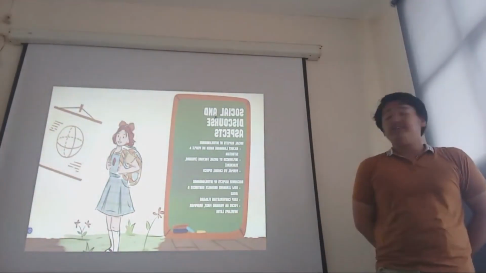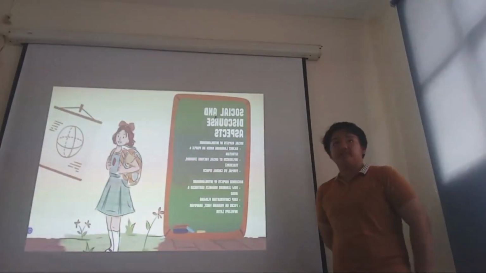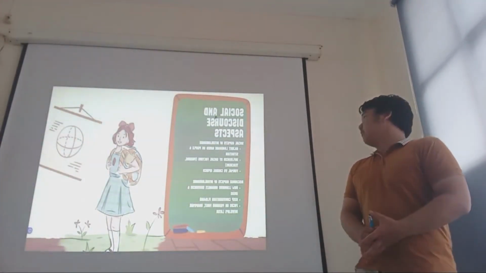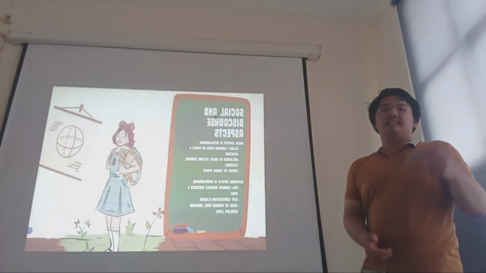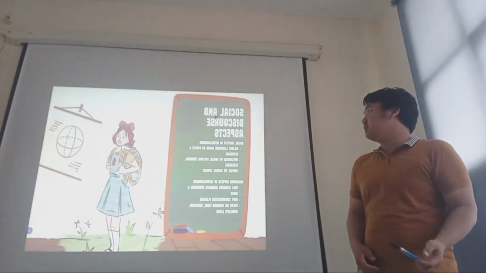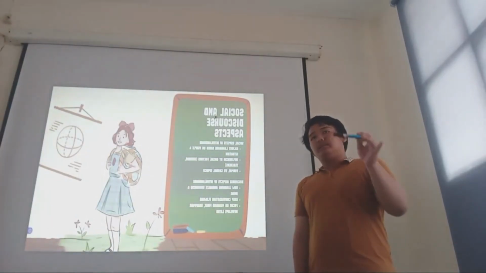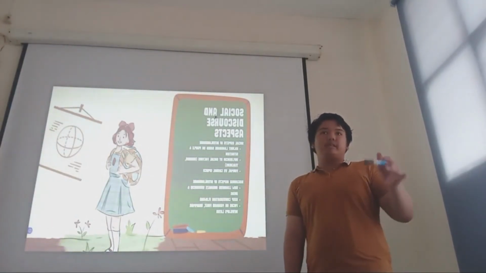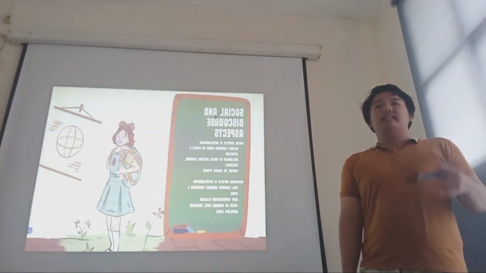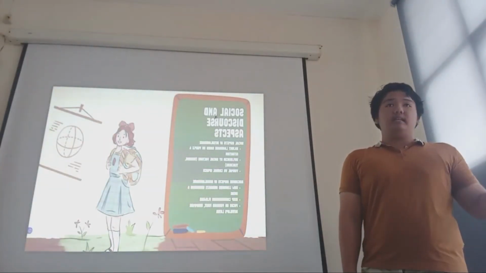We begin with the social aspect of interlanguage. It is an adjustment in a language based on people and specifically a situation. I'm going to give you an example. Erika is currently learning English.